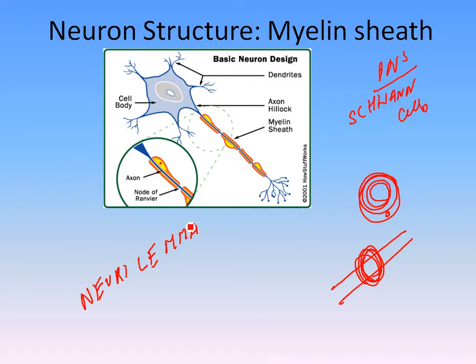The tight inner membrane, so if this is the axon, the membrane out here is rich in a fatty substance called myelin, which is at a higher proportion than other membranes. So this inner sheath will be called the myelin sheath. The outer part of the Schwann cell, which has the nucleus and the cytoplasm, will be called neurolemma.